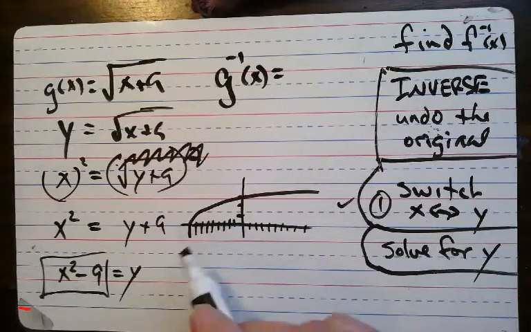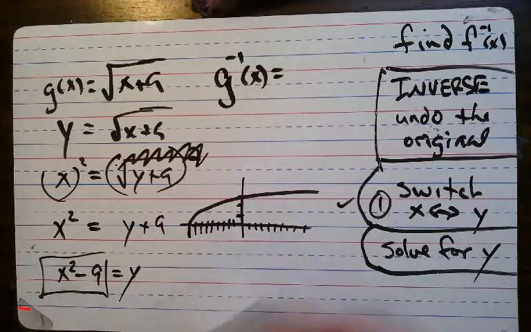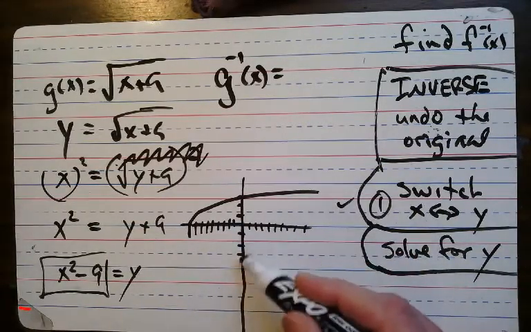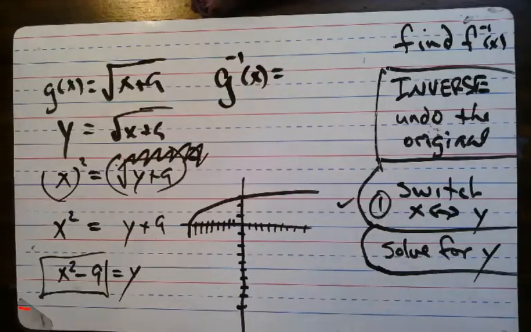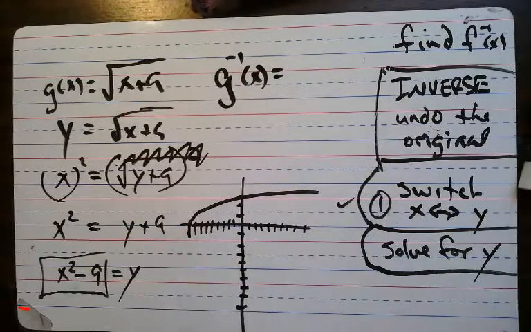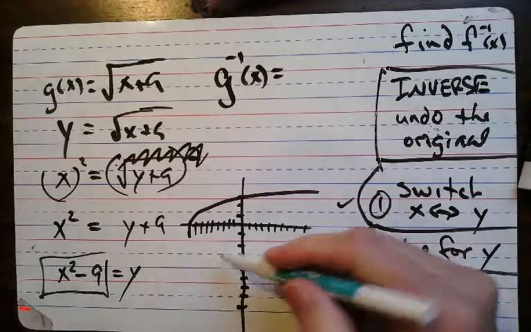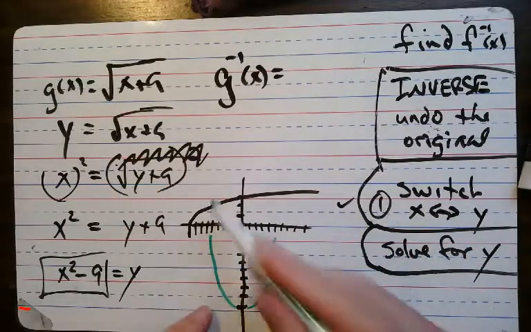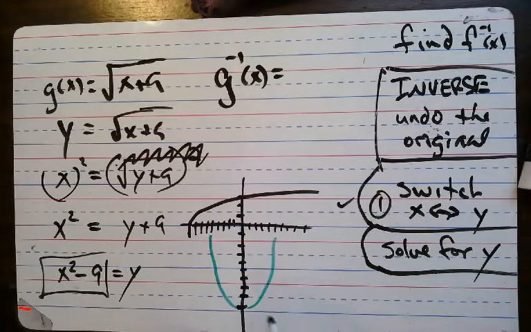And so this guy is a parabola, which looks like this. Right? This is not the inverse of that, right? Only half of this is the inverse of that.